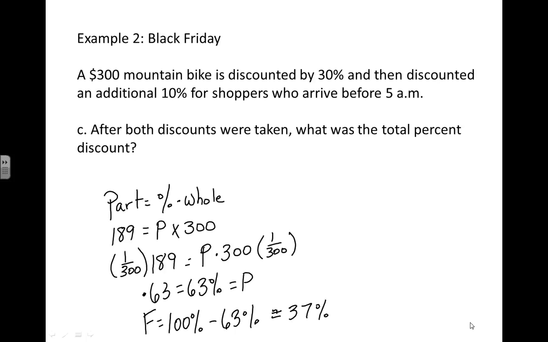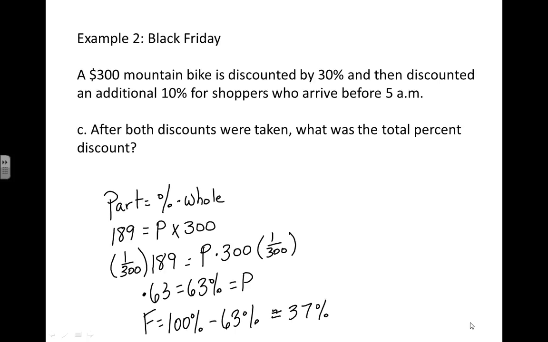This is not the case because the additional 10% discount is taken after the 30% discount has been applied. So you're only receiving 10% discount on 70% of the original price. A 40% discount would make the final price $180 because 180 equals 60% of 300. That's not the case. However, the actual final discount as a percent is 37%.